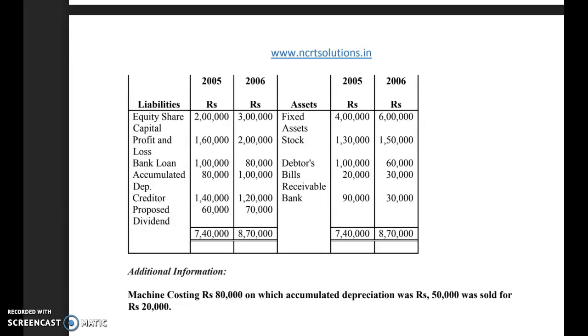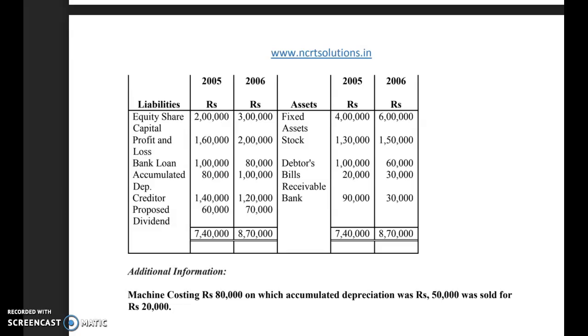So let's learn how all this information is treated while preparing the cash flow statement. First of all, we will discuss a very important item, which relates to provision for income tax.